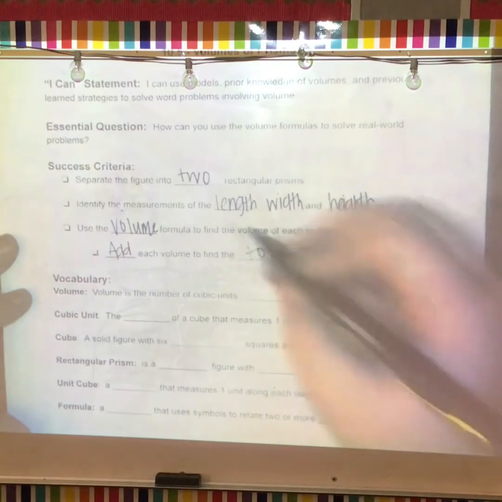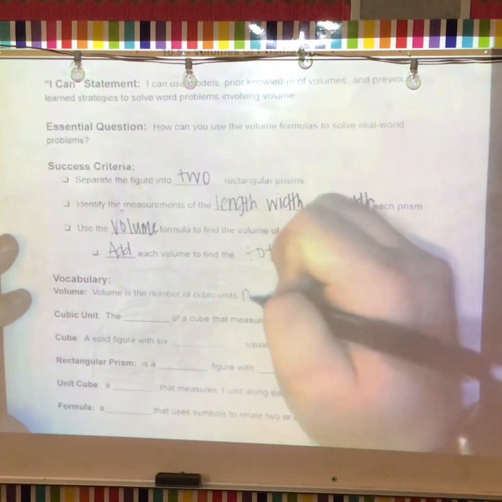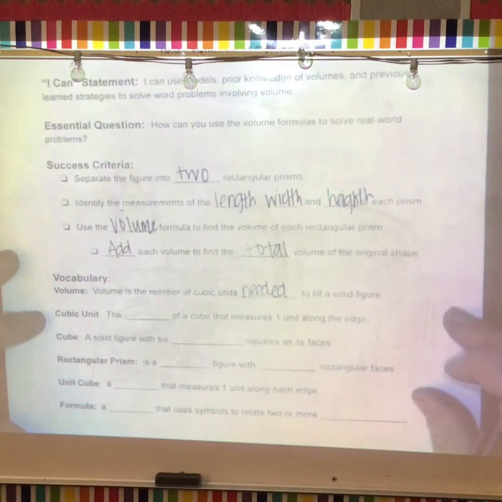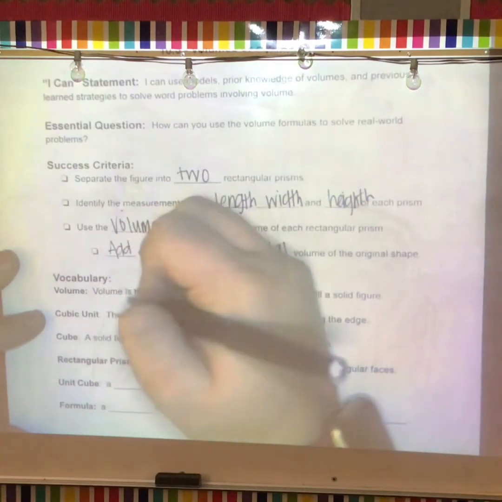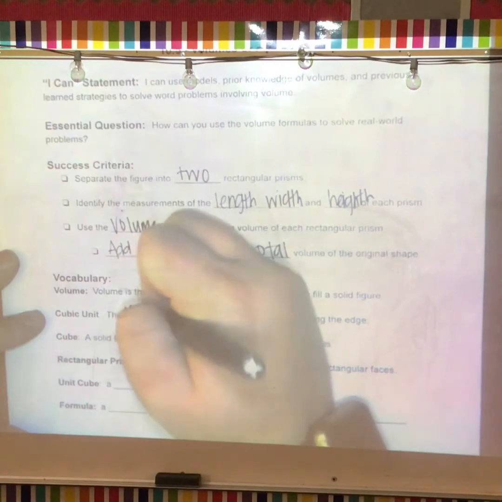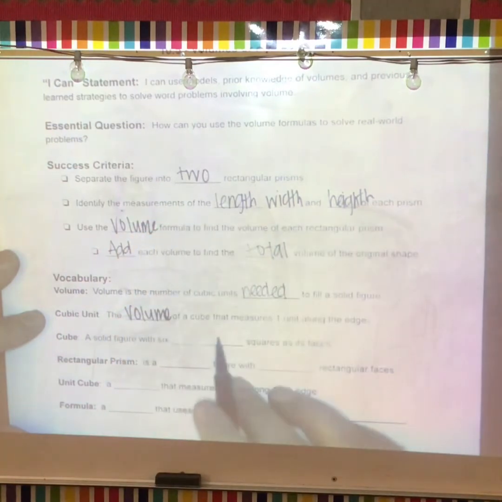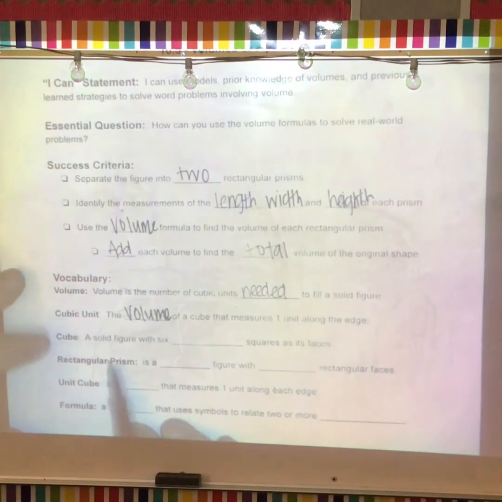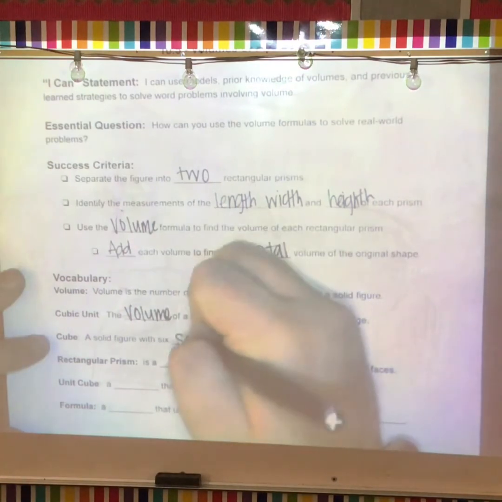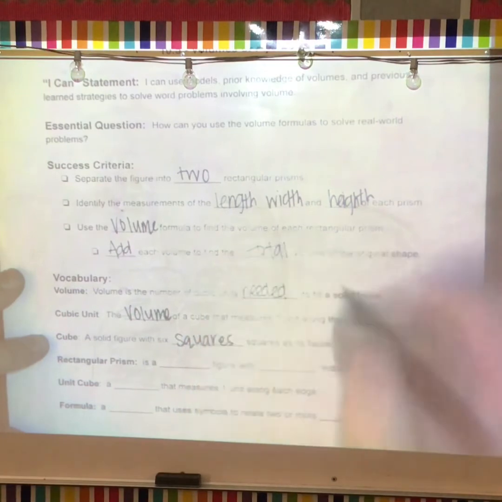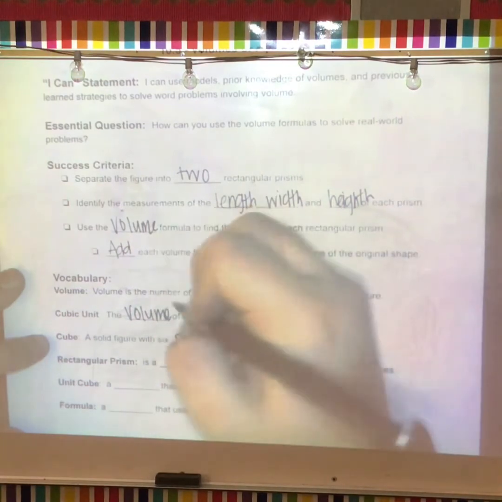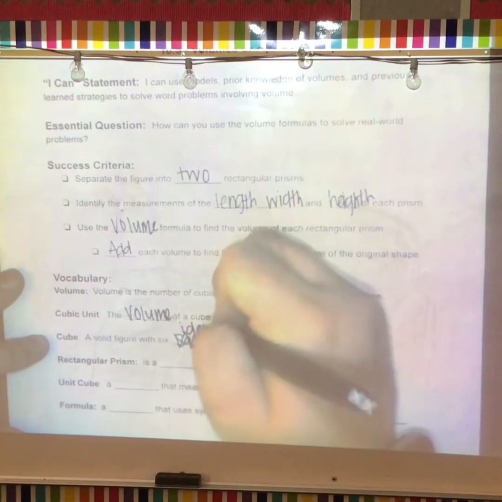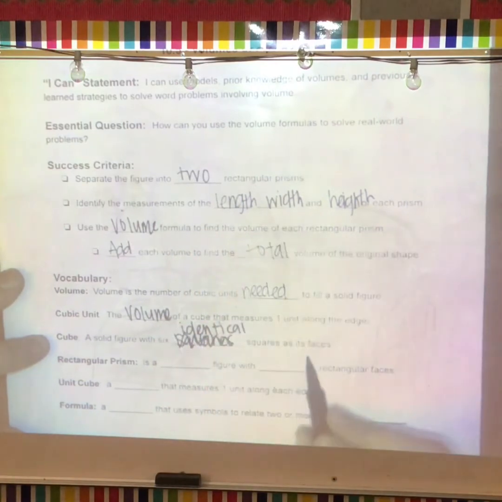Volume is the number of cubic units needed to fill in a solid figure. Cubic unit is the volume of a cube that measures 1 unit along the edge. A cube is a solid figure with 6 identical squares as its faces.